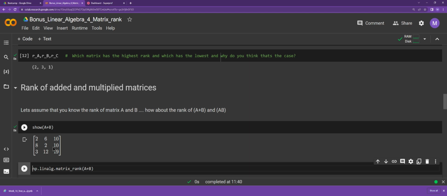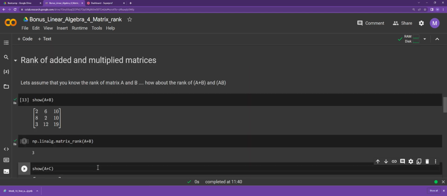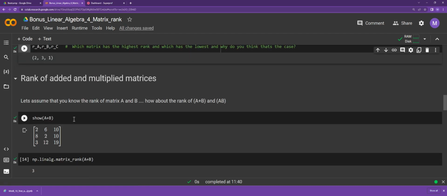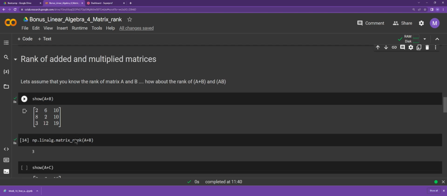Do you think it's going to be 3 or 2? Let's just run it. It's 3. By adding a matrix with a rank of 3 to a matrix with a rank of 2, you get the maximum rank out.